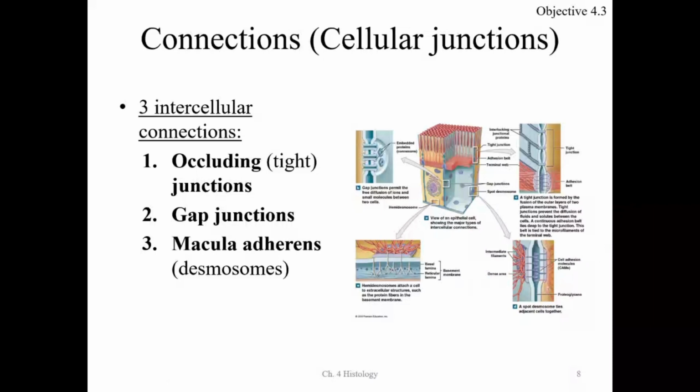That's why we need these. Multicellular organisms need these proteins to hold the cells together so each cell can cooperate. Very important. So macula adherens or desmosomes, I like to think of these as spot welds. These are attachment junctions. Occluding junctions, gap junctions, and macula adherens are the three kinds of intracellular connections.